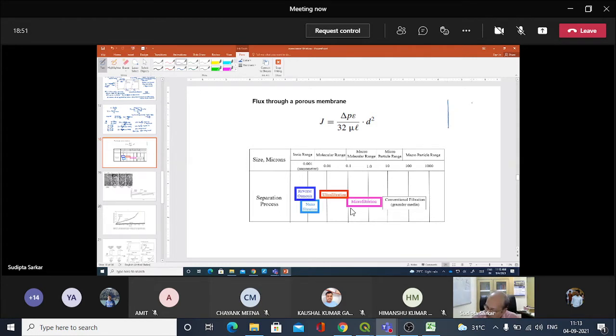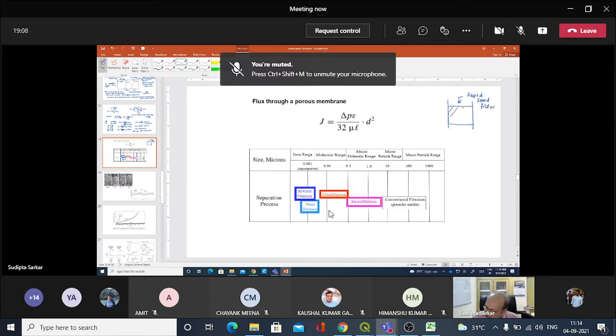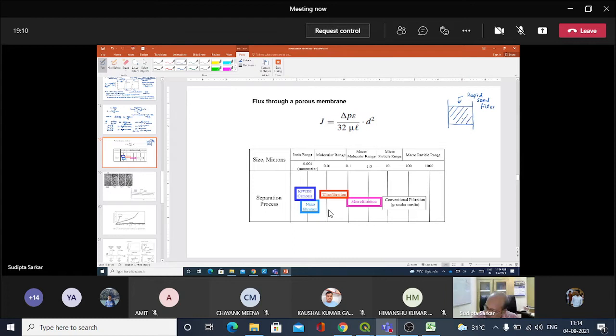As you have seen, we went through the rapid sand filters. For rapid filters, we had derived a formula, and we also found out the formulas for head loss.